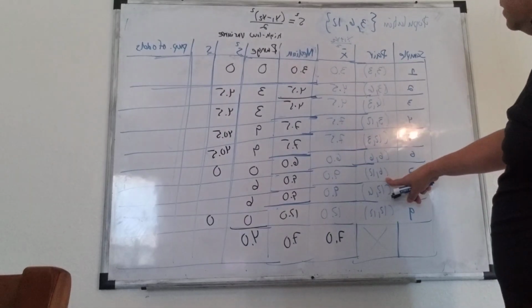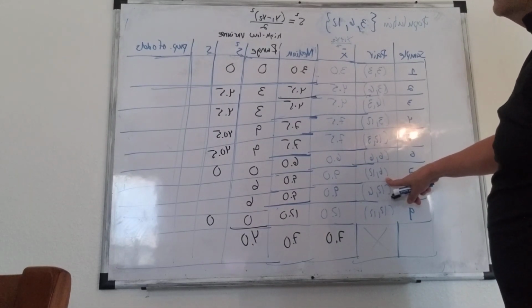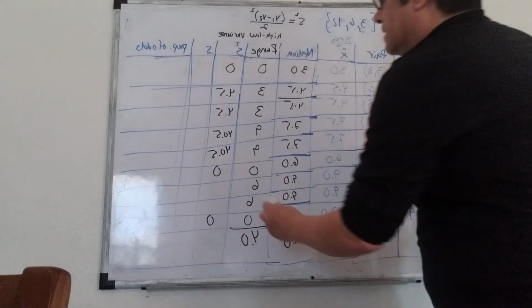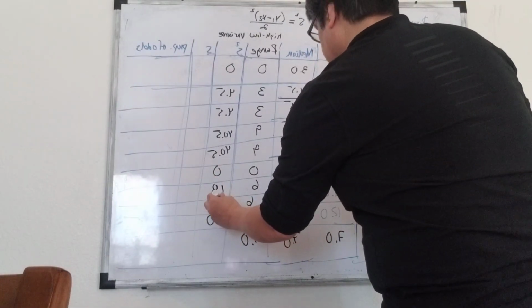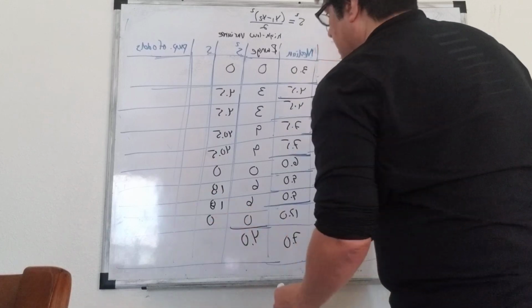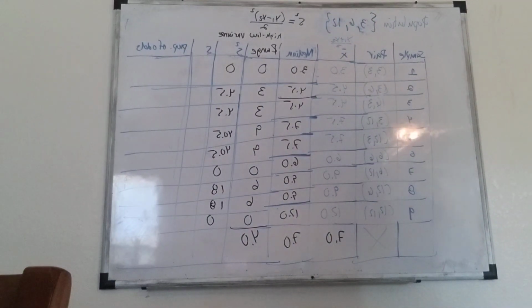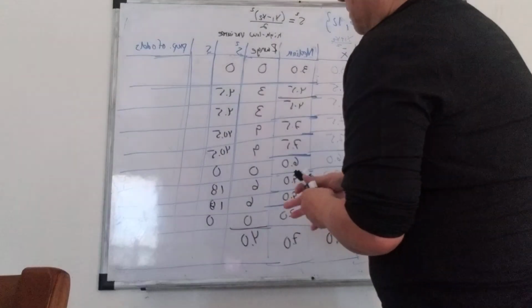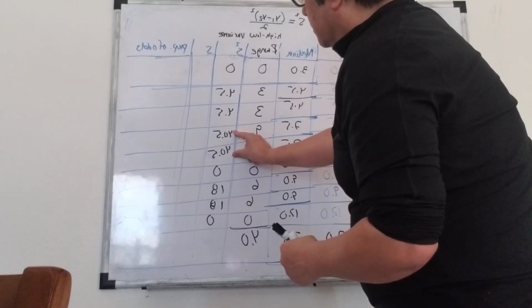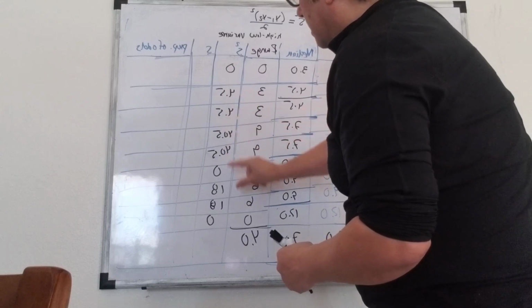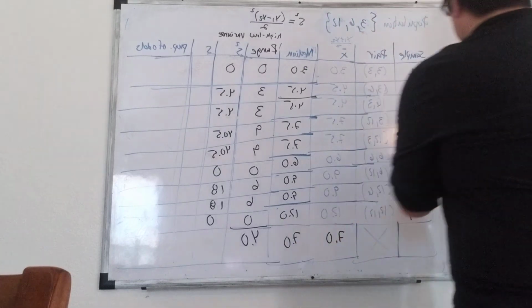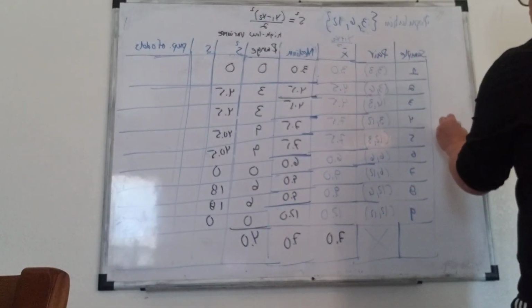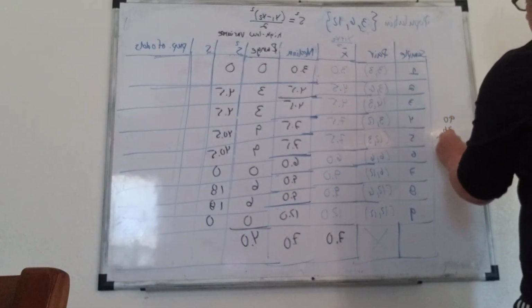6 and 12. 12 minus 6 is 6. 6 squared is 36, divided by 2 is 18. And this is also 18 because it's the same two numbers. Now, what I want to do is add these numbers up and divide by 9. So this is 81 if you add these two. 90, 90 and 36. 90 and 36 is 126.